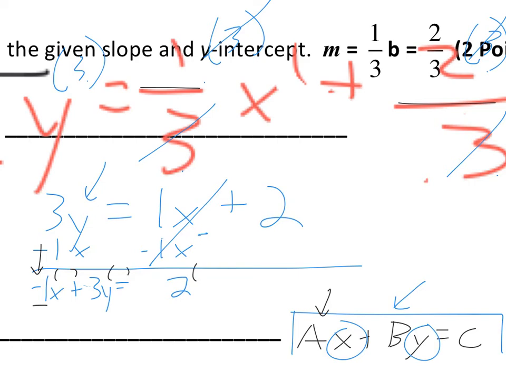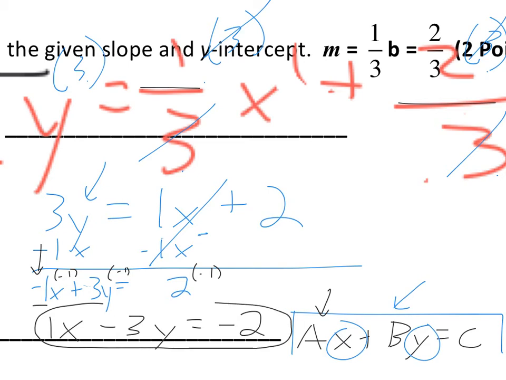Multiply everything by it. To fix a negative, make everything the opposite, just multiply by negative 1. Because what that does, it flips all signs to the opposite of what they were. And there you go, 1x minus 3y equals negative 2.